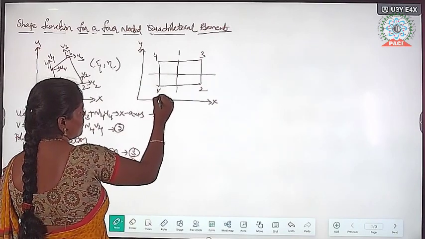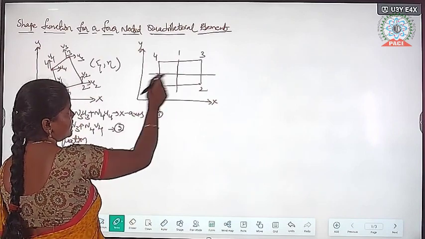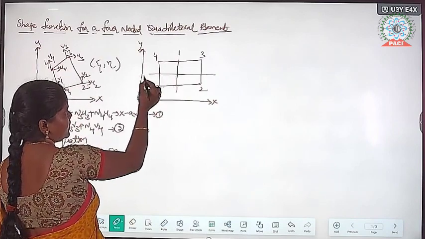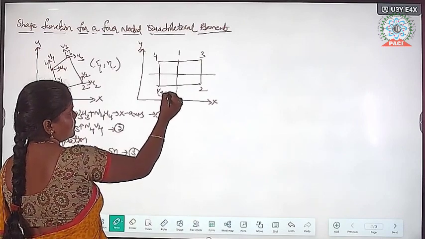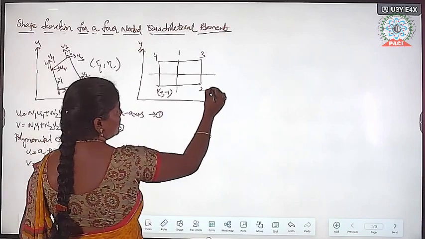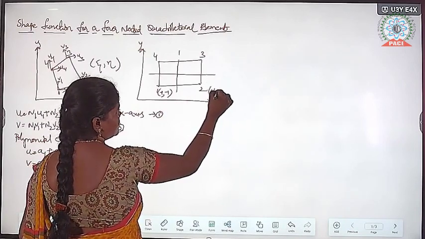For node 1, the x direction is taken as negative and the y direction downwards as negative, so minus 1. Similarly for node 2, the x axis is in the positive direction, so plus 1, and the y axis in the negative direction, minus 1.